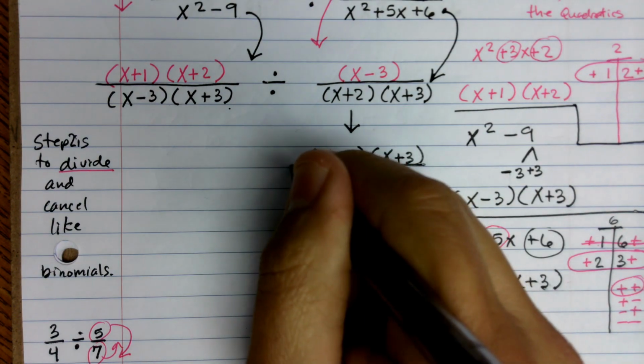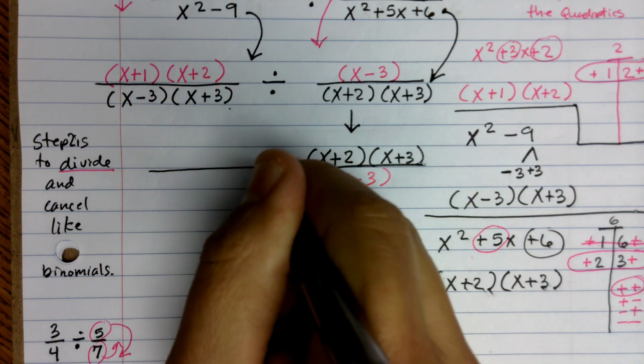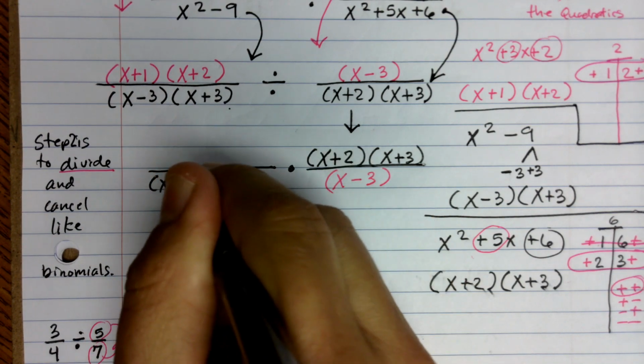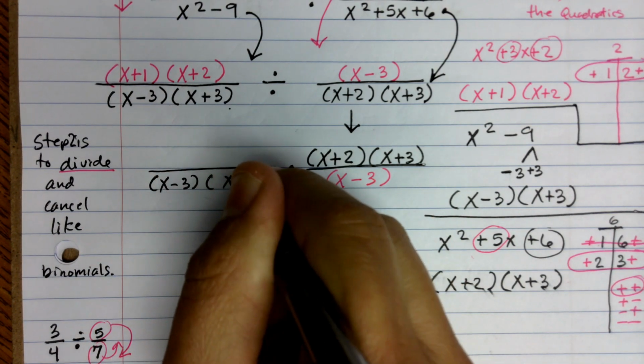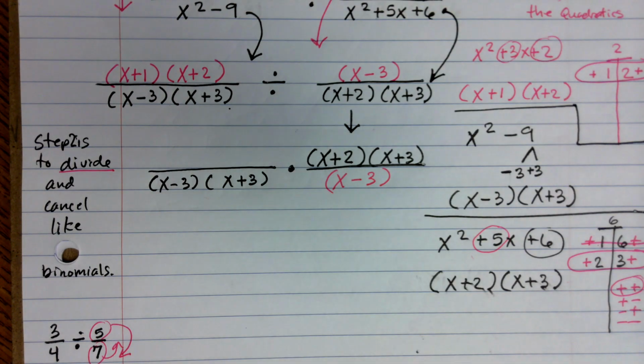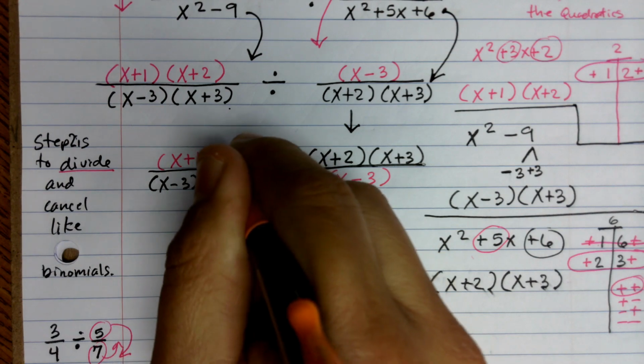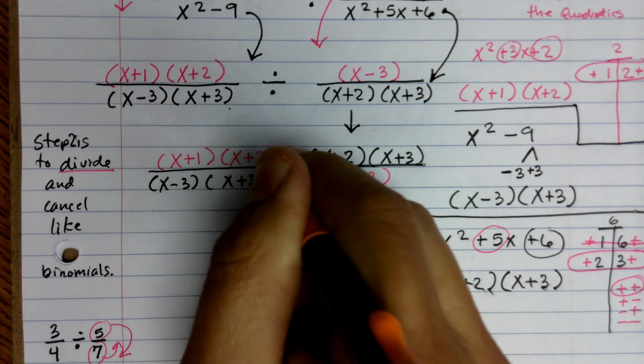And this is simply being multiplied to x minus 3 and x plus 3 and x plus 1 and x plus 2.